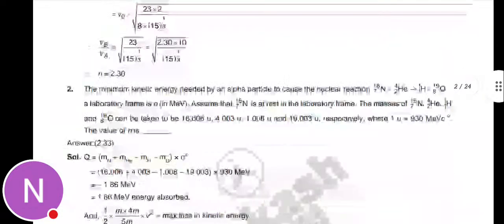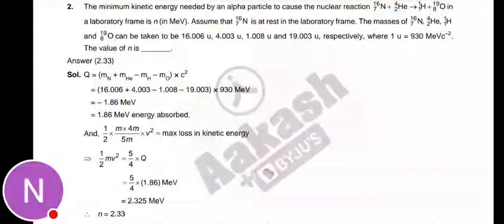Okay, next question number 2. They ask the minimum kinetic energy needed by an alpha particle to cause the nuclear reaction in 16 N... this is the reaction they have given, in a laboratory frame is n. Okay, assume that the nitrogen nucleus is at rest in the laboratory frame.